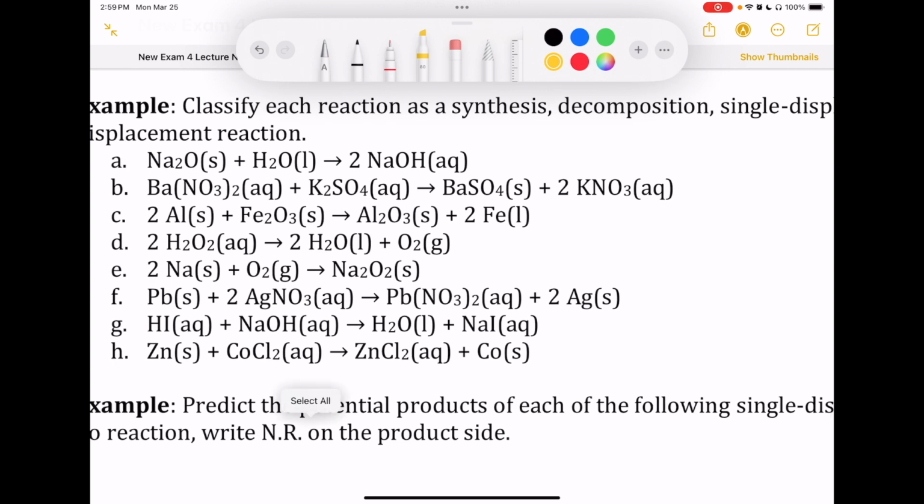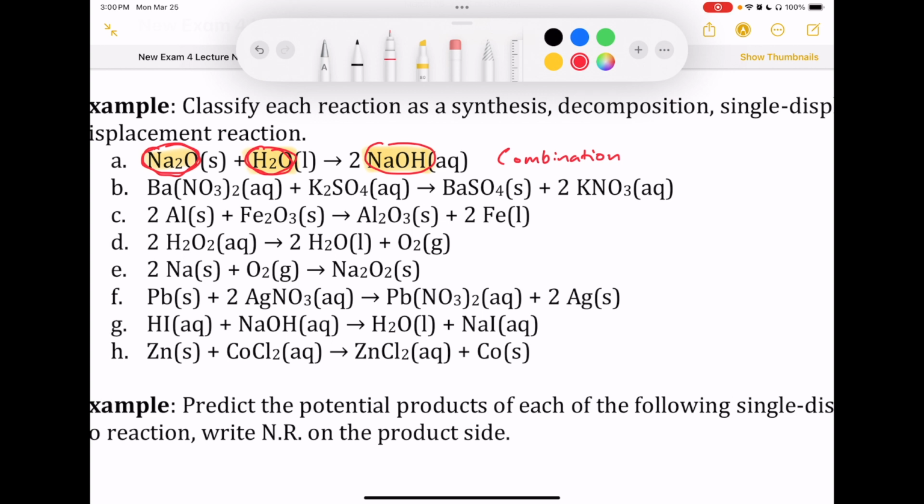Let's take a look at the first one. It says Na2O plus H2O making NaOH. Well, the pattern here is I have two things and I get one thing, okay? So that could only mean combination, okay? And if you remember, one of the discussions was this is a metal oxide, that's what sodium oxide is, plus water, and that forms a base, okay?